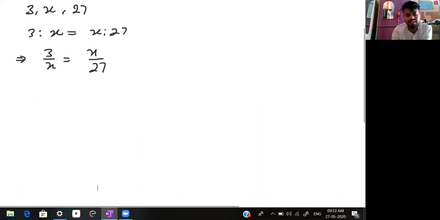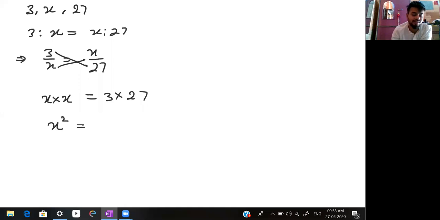Do cross multiplication. Multiply 3 with 27 and x with x. So x into x is equal to 3 into 27. So x square, because x into x is x square, is equal to 81, and x is equal to root 81.